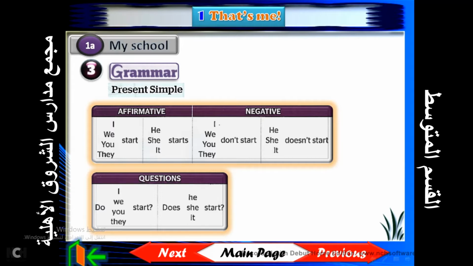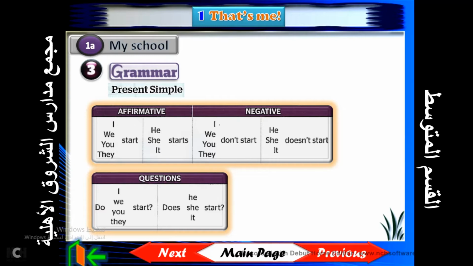I can say, do I start? Do we start? Do you start? Do they start? Does he start? Does she start? Does it start? Okay. As we see, with pronouns I, they, we, you, there is no additions.